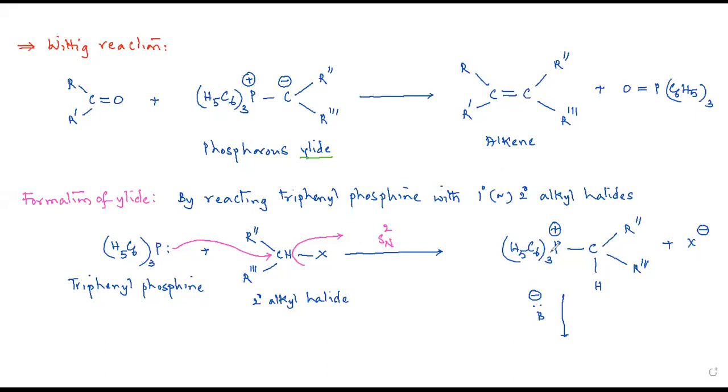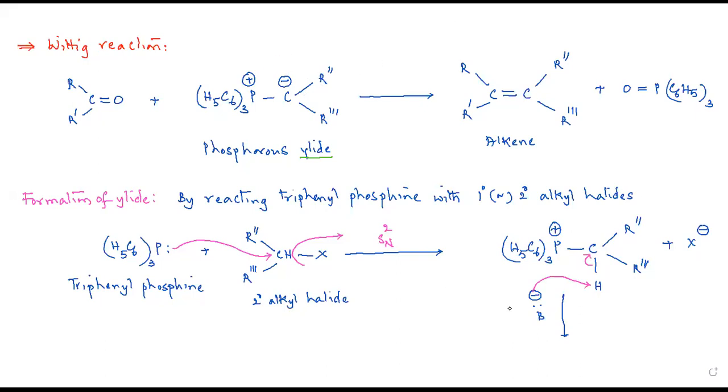Now let me abstract this hydrogen in the form of a proton, I mean, without the bonded pair, then this will come here. Of course, we'll take one more step. It actually goes towards this carbon. So that is how we get the ylide.